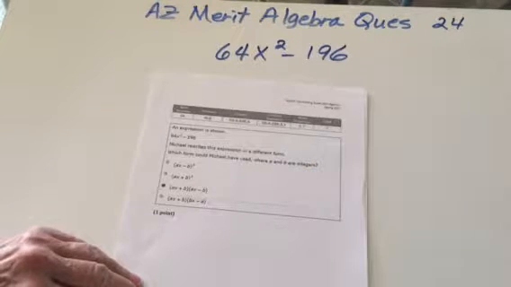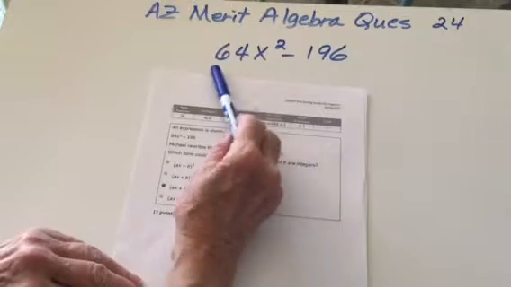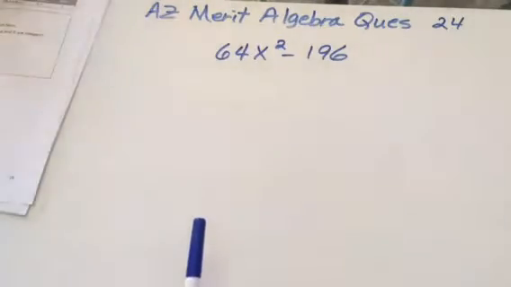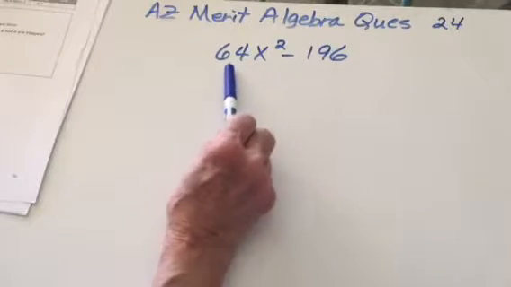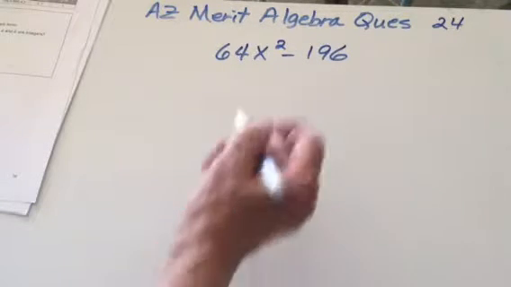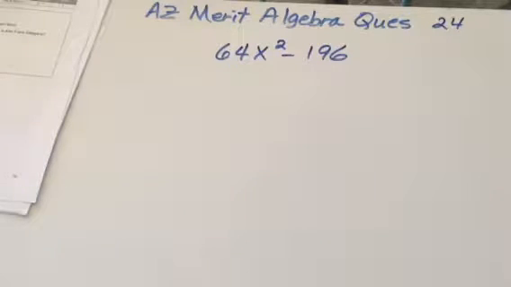All right. The first thing I would do if I were looking at this problem is right away I would notice that 64 is a square number. Something times something is 64. I would also notice that x squared, of course, is a square number.